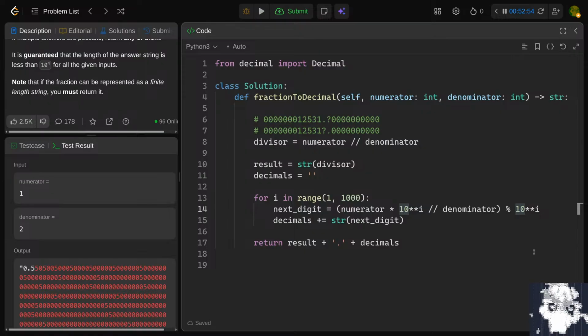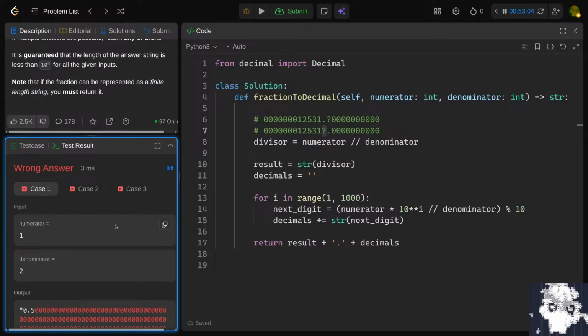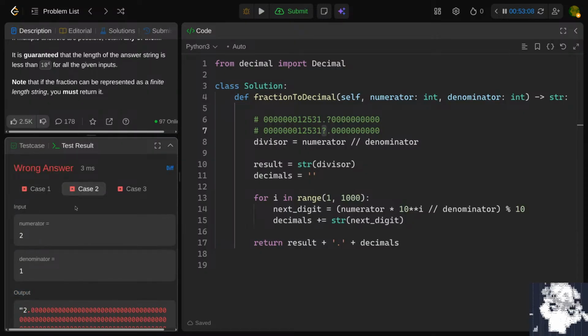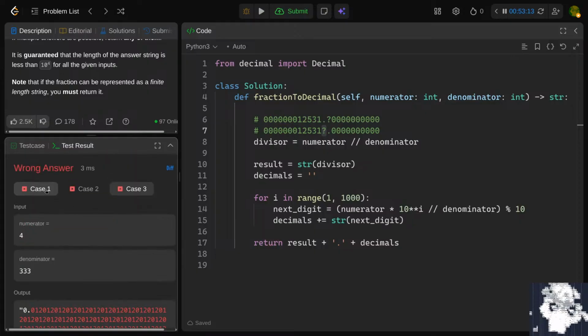Oh, wait, actually, this one should always be mod 10. I don't want to grab any other digits. I always want to grab the last digit. Look at that. Okay.